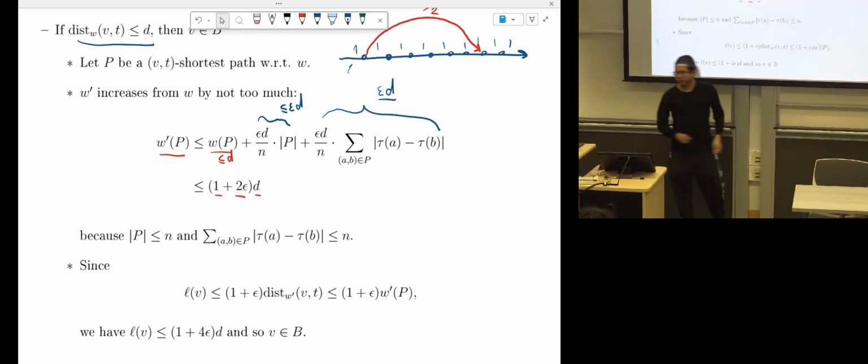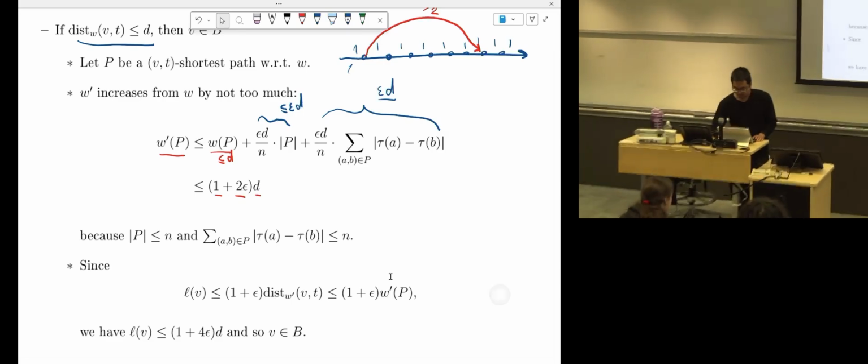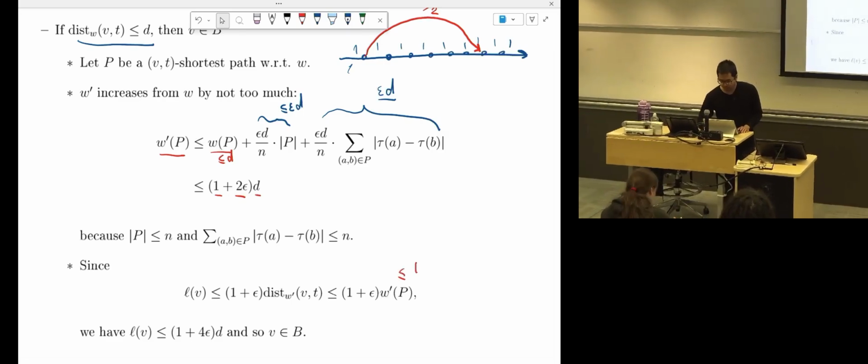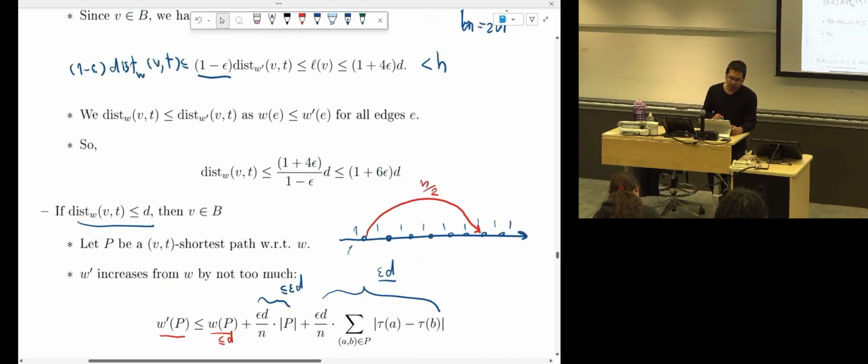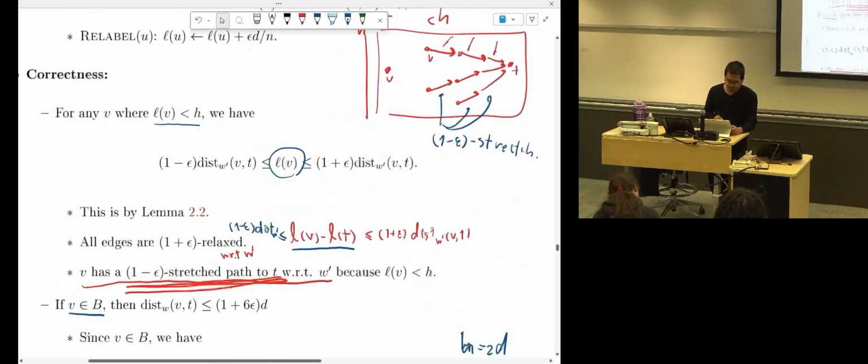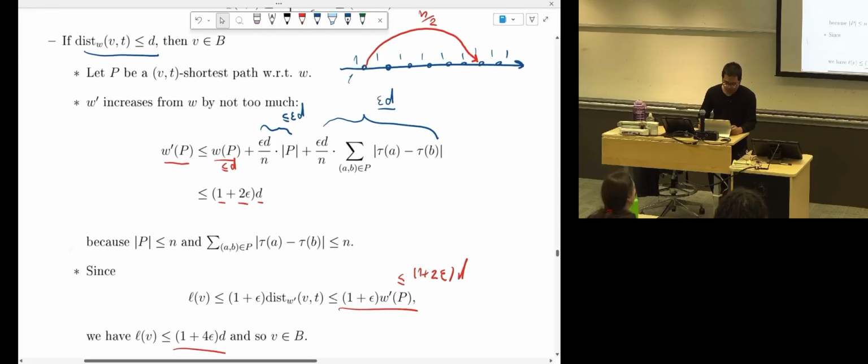But this thing is at most 1 plus 2 epsilon d. So in total here it is at most 1 plus 4 epsilon d. So we get that V is in B. So we get the correctness.